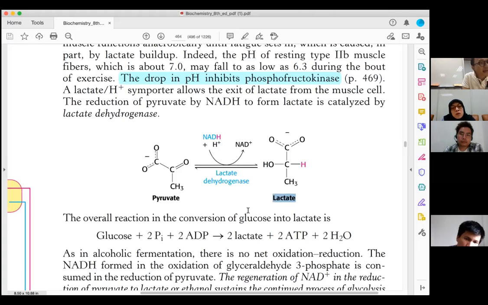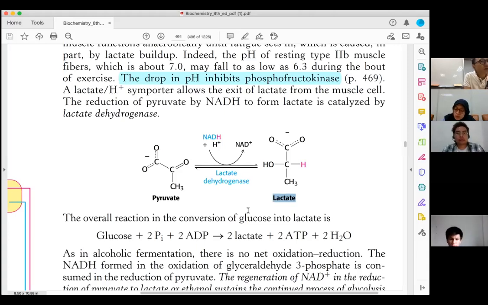However, this will not happen. The reason that it will not happen is because all cell membranes have lactate transporters. Lactate is a small molecule. It's very easy to diffuse in and out.